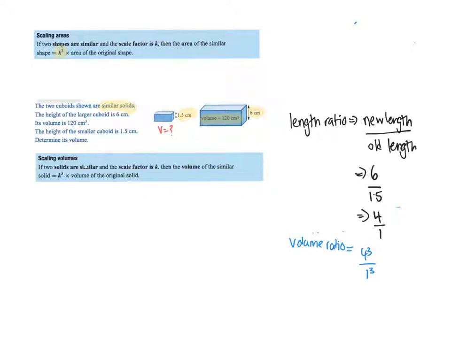You've got to cube both. And because that's a volume ratio, I'm going to say that's equal to the big volume that I know over the little volume I don't know. That's what the ratio should give you, the same amount when you divide one actual volume by the other volume.